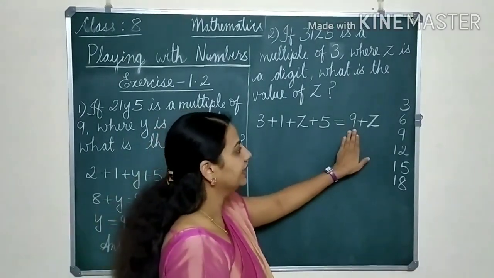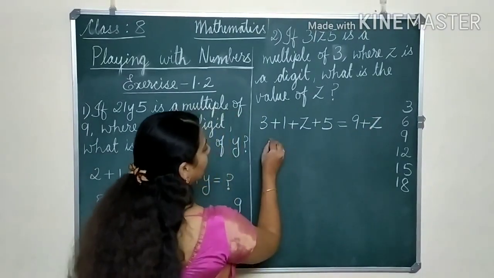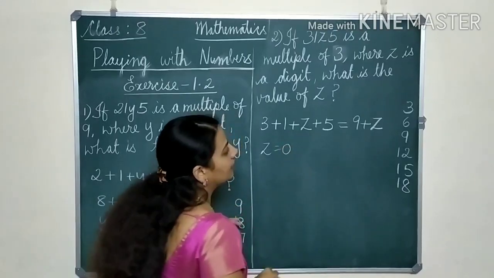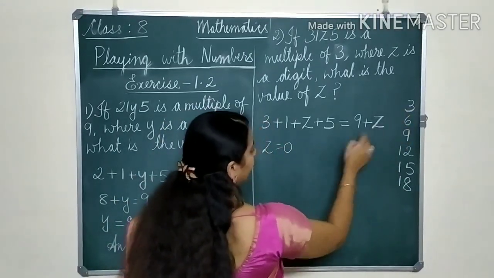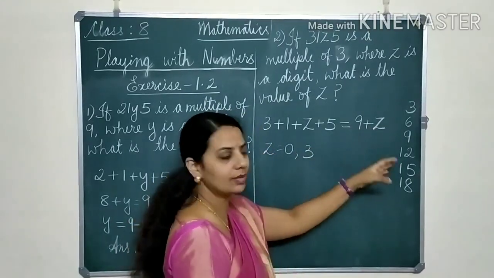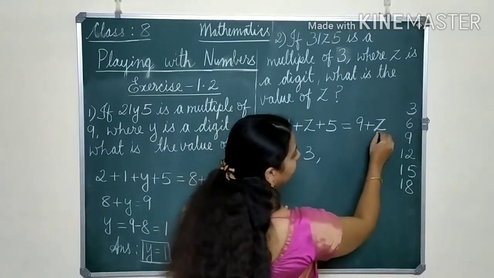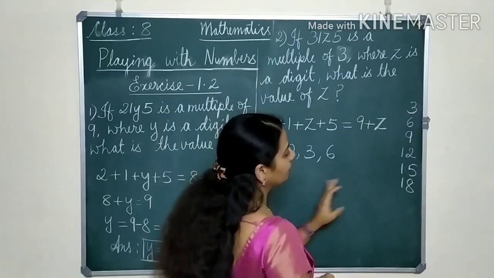Already here 9 is a multiple of 3. So z can take the value of 0. Okay. If z takes the value of 3, 9 plus 3 is 12. 12 is also a multiple of 3. Now if z takes the value of 6, 6 plus 9 is 15.